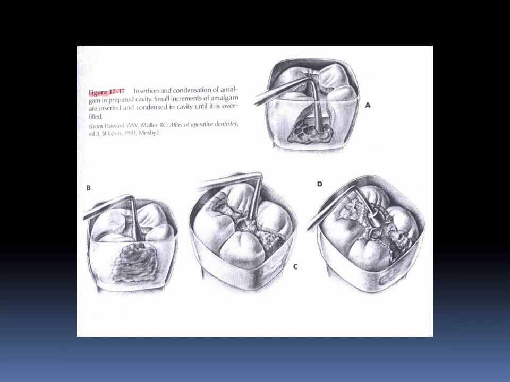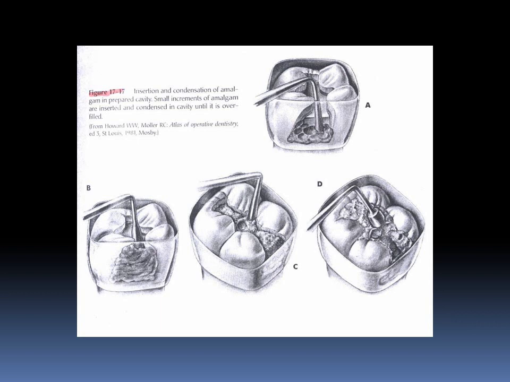Here is the condensation of class 2 amalgam. I will start from the box, and each time I use a small amount of amalgam and do condensation. This condensation should be vertical and lateral against the wall of the tooth structure in order to remove the excess of mercury and avoid voids that form during condensation.